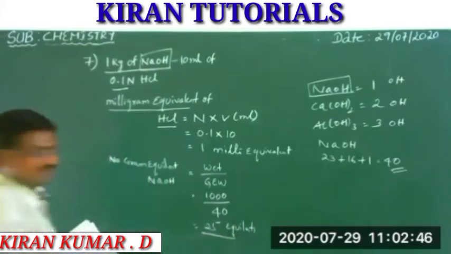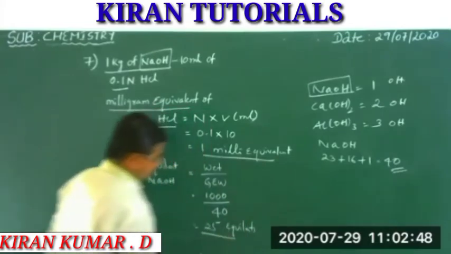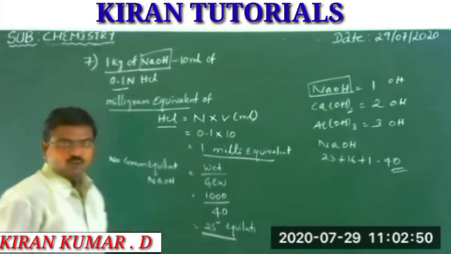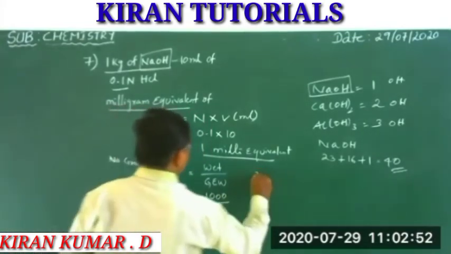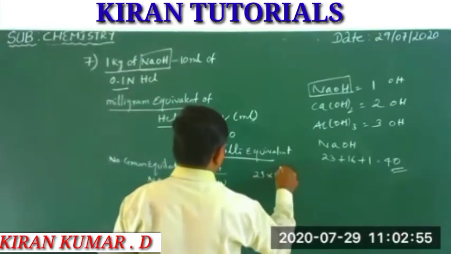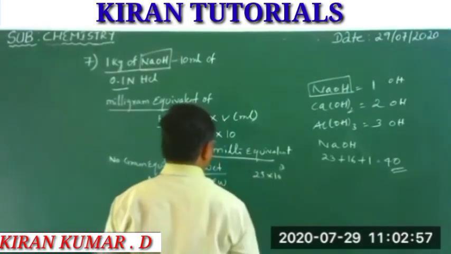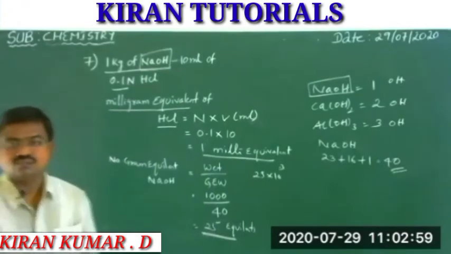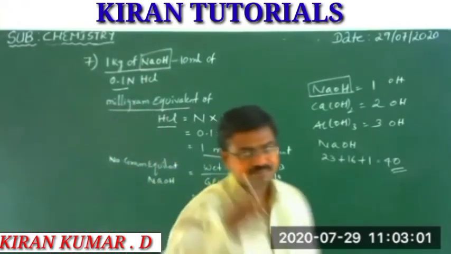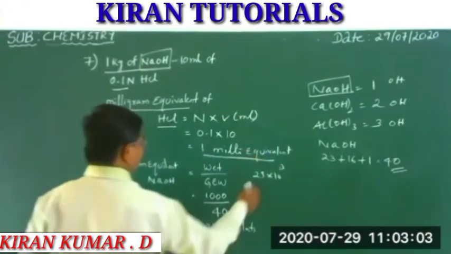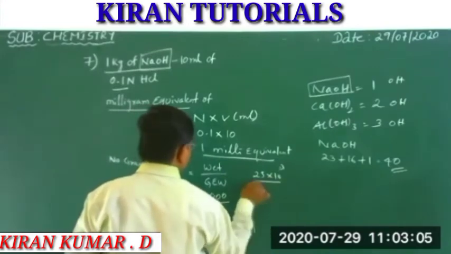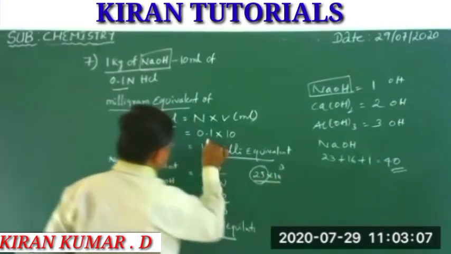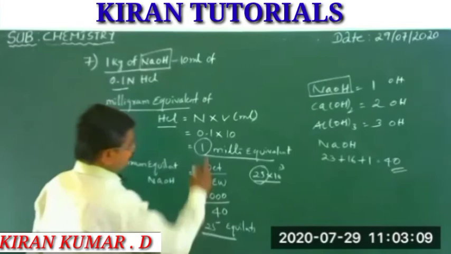Then it is converted into milli equivalents. So 25 into 10 power 3, so milli equivalents. Then 25 here, 1. 25 and 1.